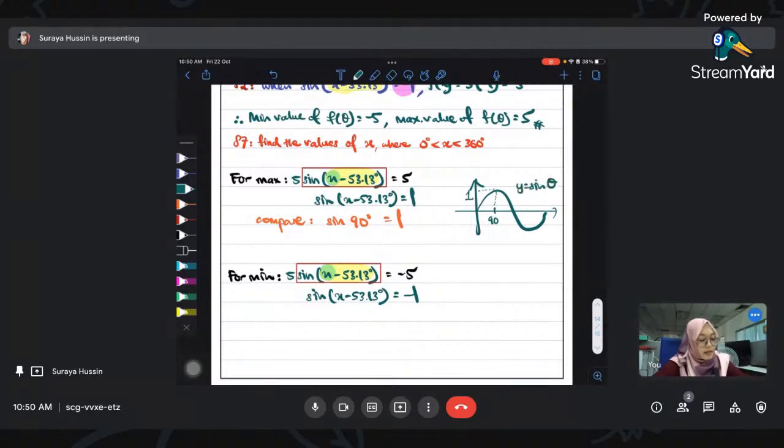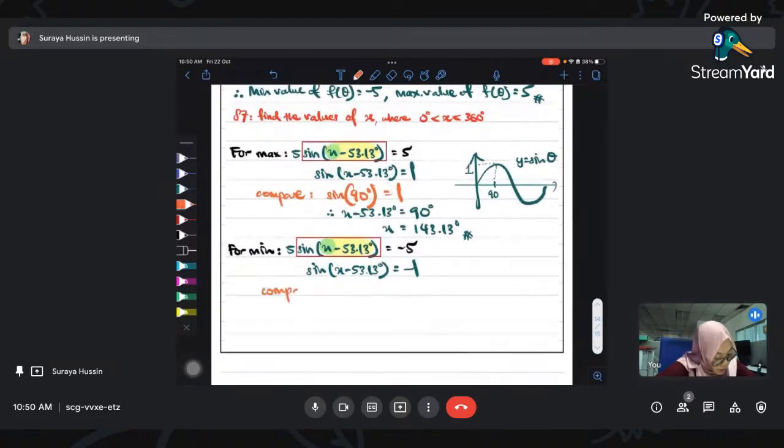So sine 90 memang satu. So what I can do is just I compare it, and therefore x minus 53.13 is equals to 90 degree. Therefore, my x is equals to 90 plus 53, which is 143.13. That's my answer. One answer. Itu baru satu jawapan. Lagi satu jawapan adalah compare again.